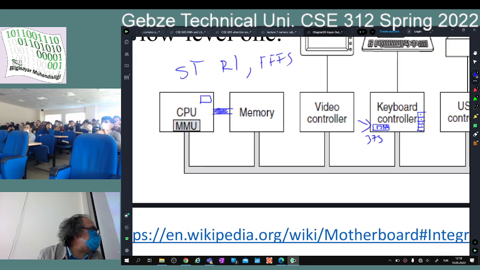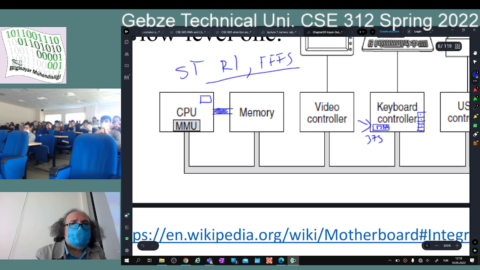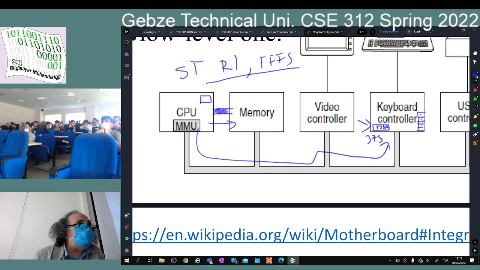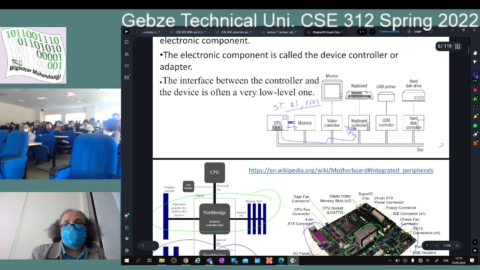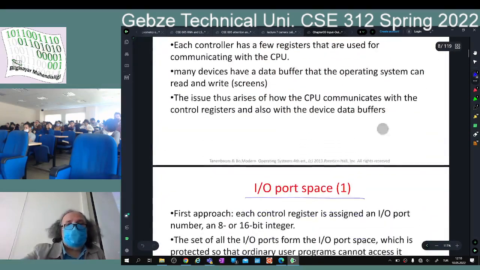Somebody has to make this decision. This data will not go through this bus, but it has to go through this bus, right? MMU. So since I am using regular instructions, somebody has to make that decision, so that makes my CPU more complicated.